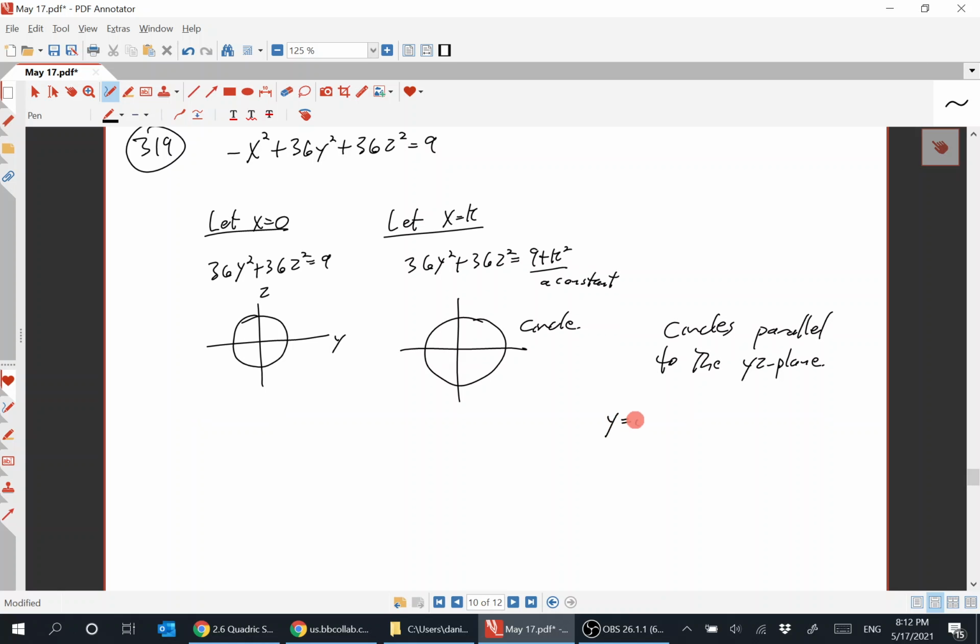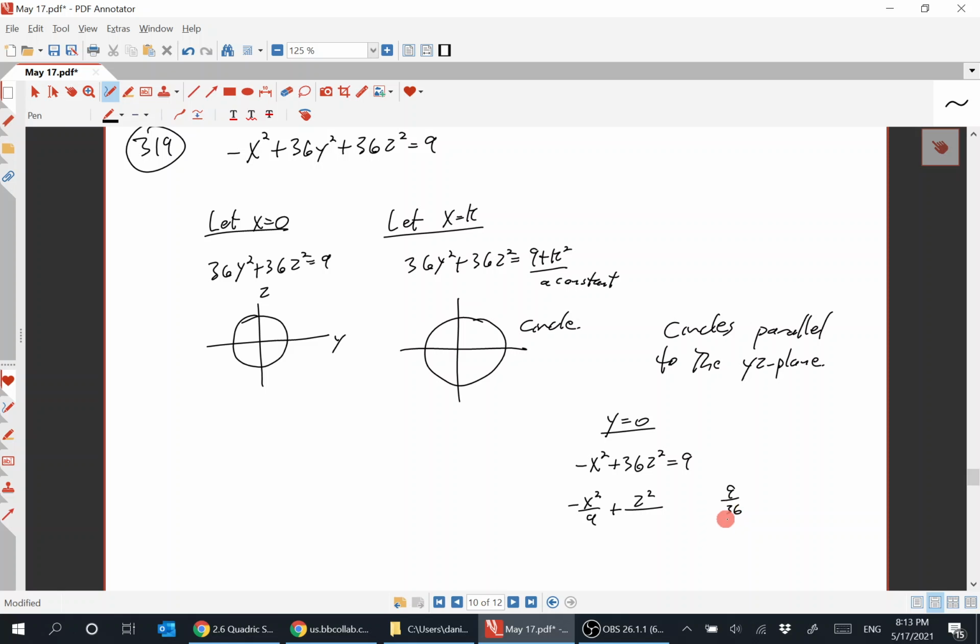So if I let y equal 0, what do I get? I get minus x squared plus 36z squared equals 9. All right, let's divide by 9. So this gives me minus x squared over 9 plus z squared over 9 over 36. 9 over 36 is what?